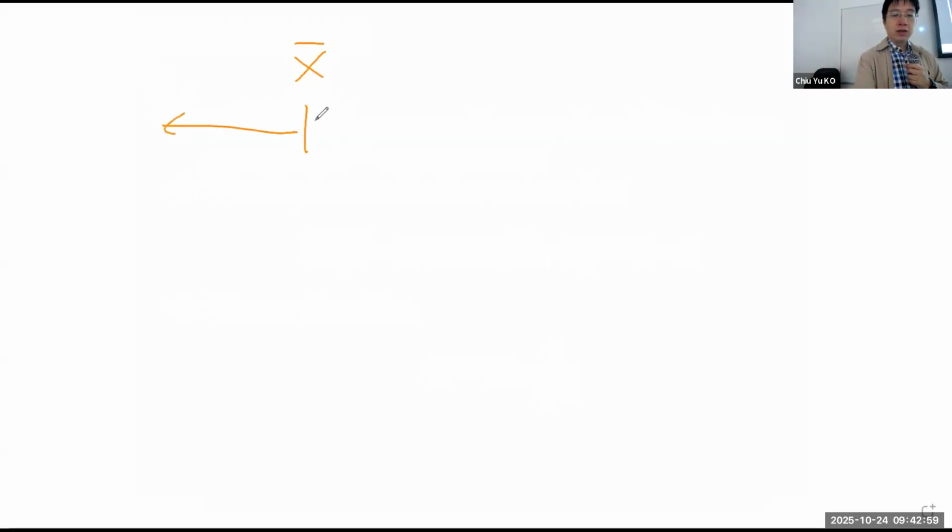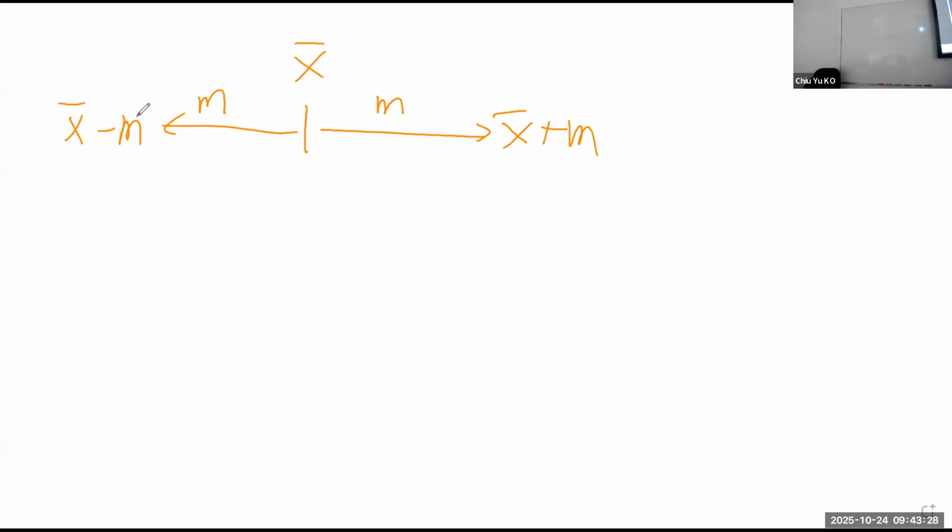We go left and right by M. And we want to go symmetrically, extending a little bit in such a way that this interval with length 2M will have high probability of including the population parameter mu.